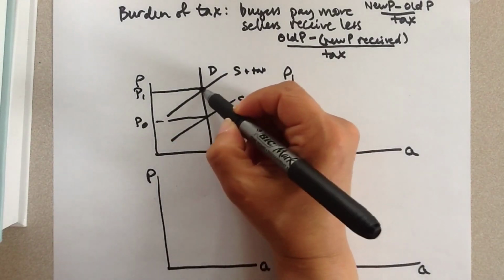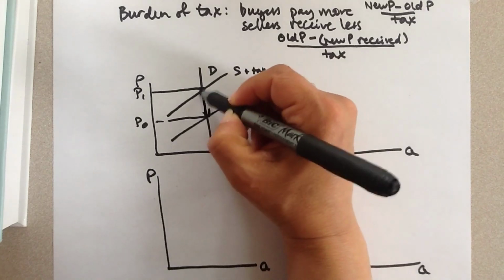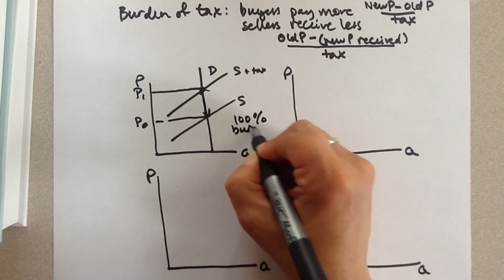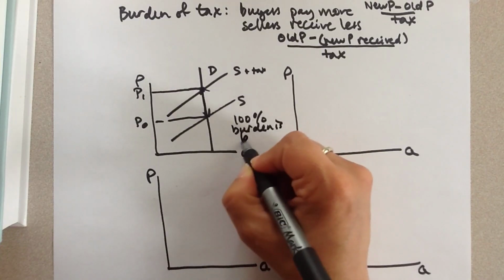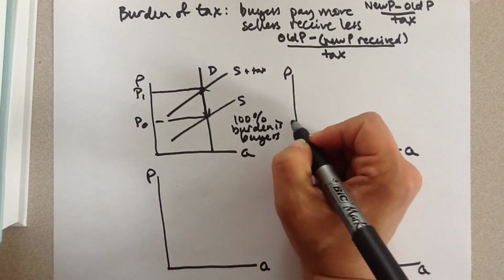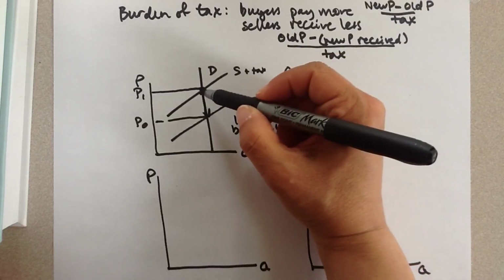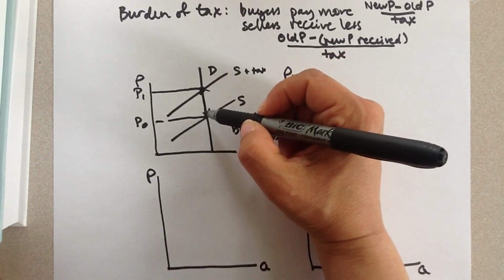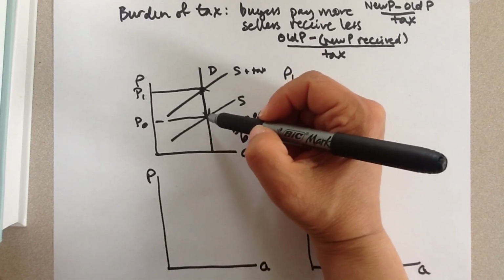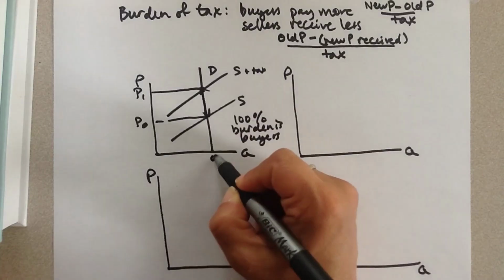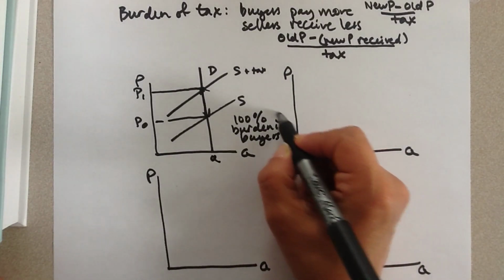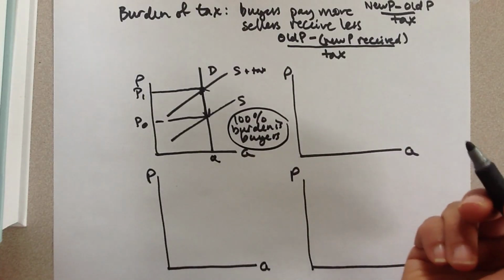You can see that the whole burden of the tax is on the buyers in this case. The new price minus the old price is the entire amount of the tax. The sellers receive the same amount as before, and we're at the same quantity. So it's 100% a burden to the buyers and 0% to the sellers.